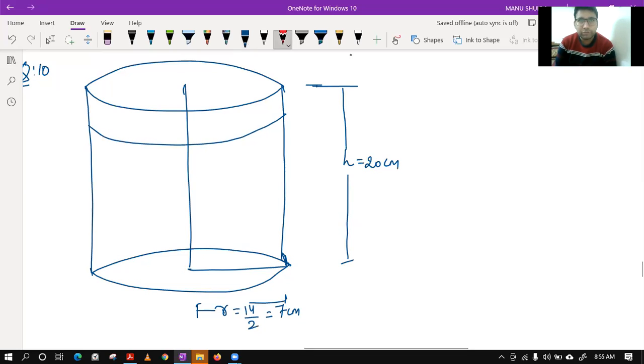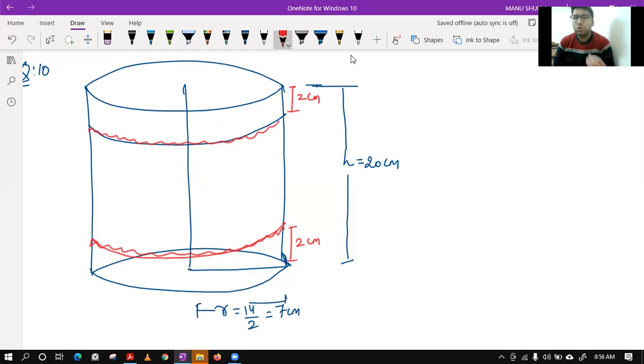Let me use a different color pen for that. They have placed a label like this, and the height of the label is not given to you, but they have given you that the position is 2 centimeter below the top and 2 centimeter above the bottom. So this label is nothing else but which figure?